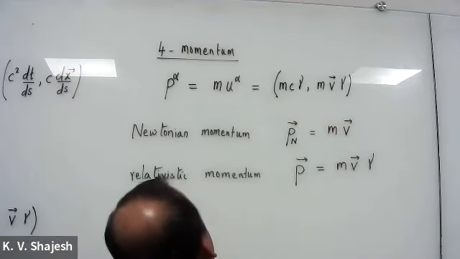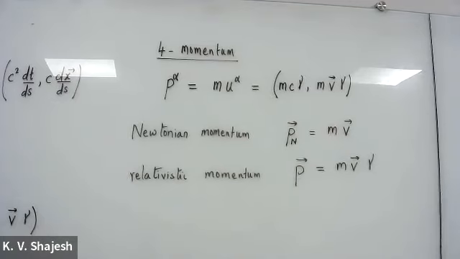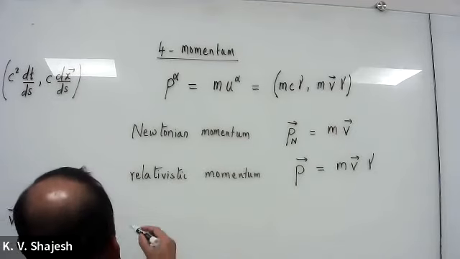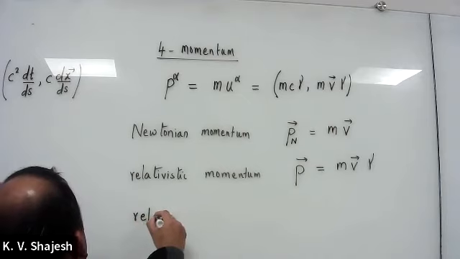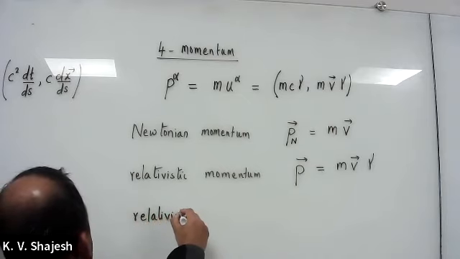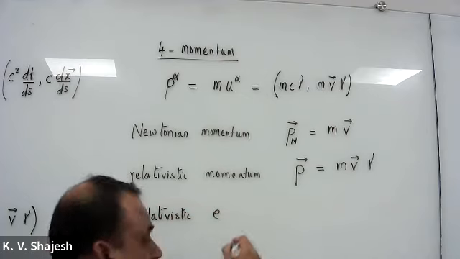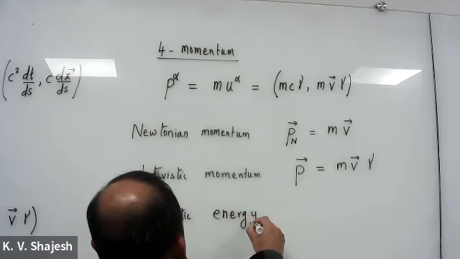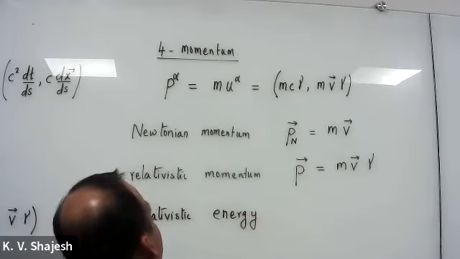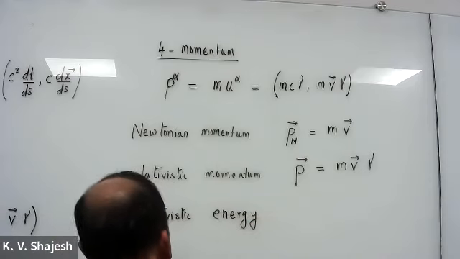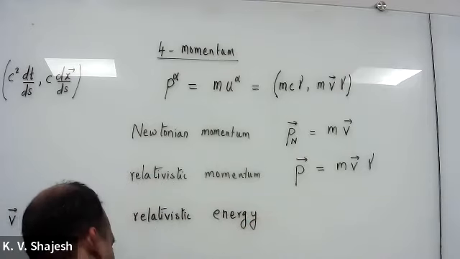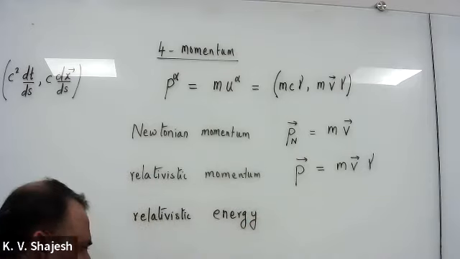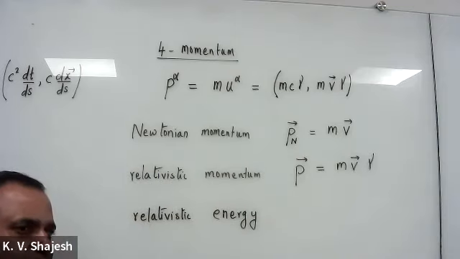Immediately the question comes, what about this quantity? What is that equal to? Then we define the relativistic energy. When we say energy in Newtonian physics, there is a kinetic energy piece and a potential energy piece too, correct?